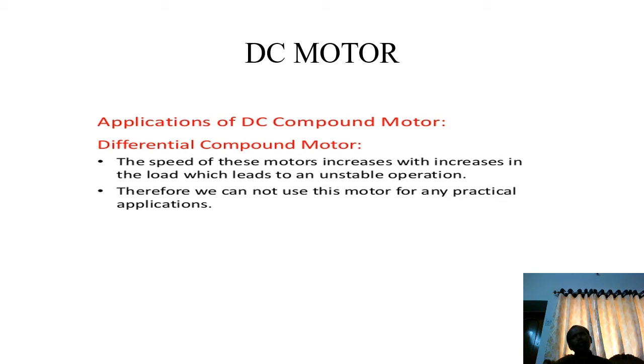We only use the cumulative type of compound motor in various applications, but differential compound motors are not used for any practical applications because the speed of the motor increases rapidly with increase in load. Because of this, we do not use this motor for practical applications, right?